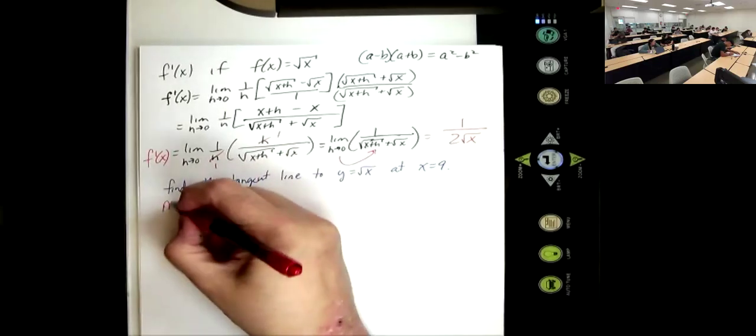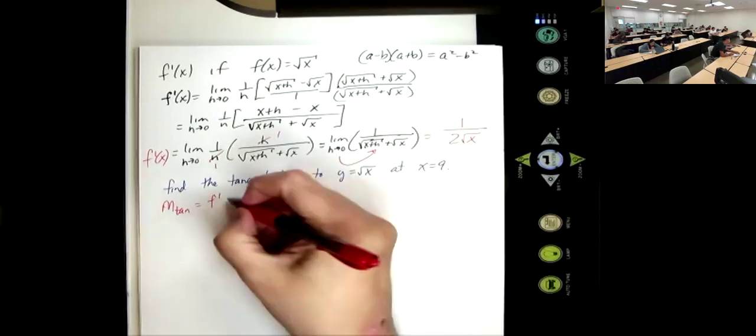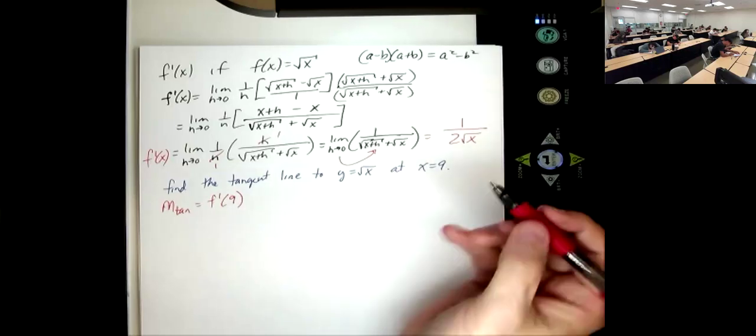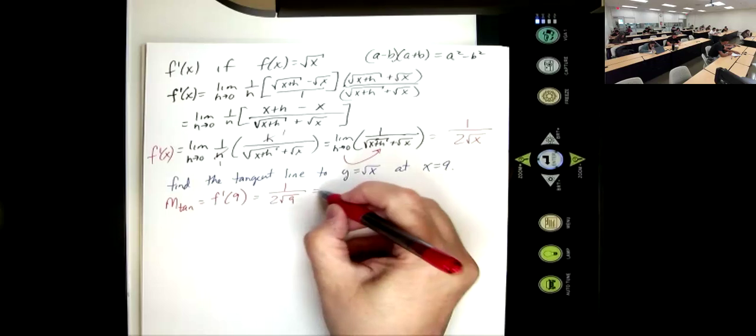M tangent is that derivative, it's f prime of x evaluated at 9, so f prime of 9, which is 1 over 2 times the square root of 9, which is 1/6.